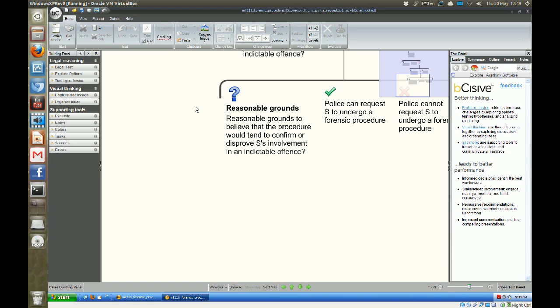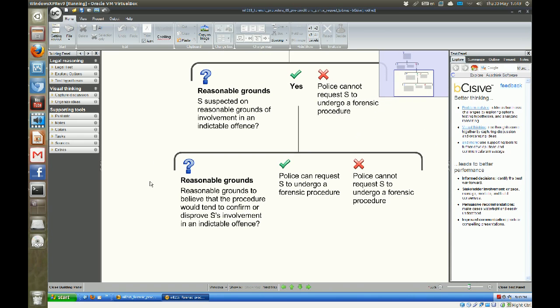So, just to clarify, the reasonable grounds test doesn't make it sufficient that the suspect is suspected on reasonable grounds of involvement in an indictable offence. There has to be some further reason, something that the police are further aware of, to give them reasonable grounds to believe that taking a forensic sample from the suspect would tend to confirm or disprove his involvement in said indictable offence.